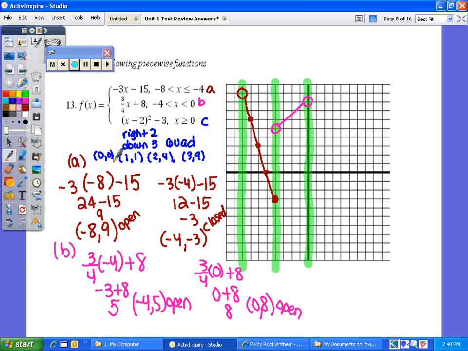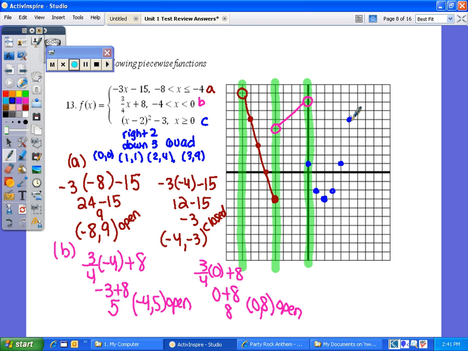So that's what I'm going to base it on after I move. So from the center, I'm going to move right 2 and down 3. So this becomes my new center. So I'm going to go up 1 over 1, and then go to 2, 4. And then go to 3, 9.